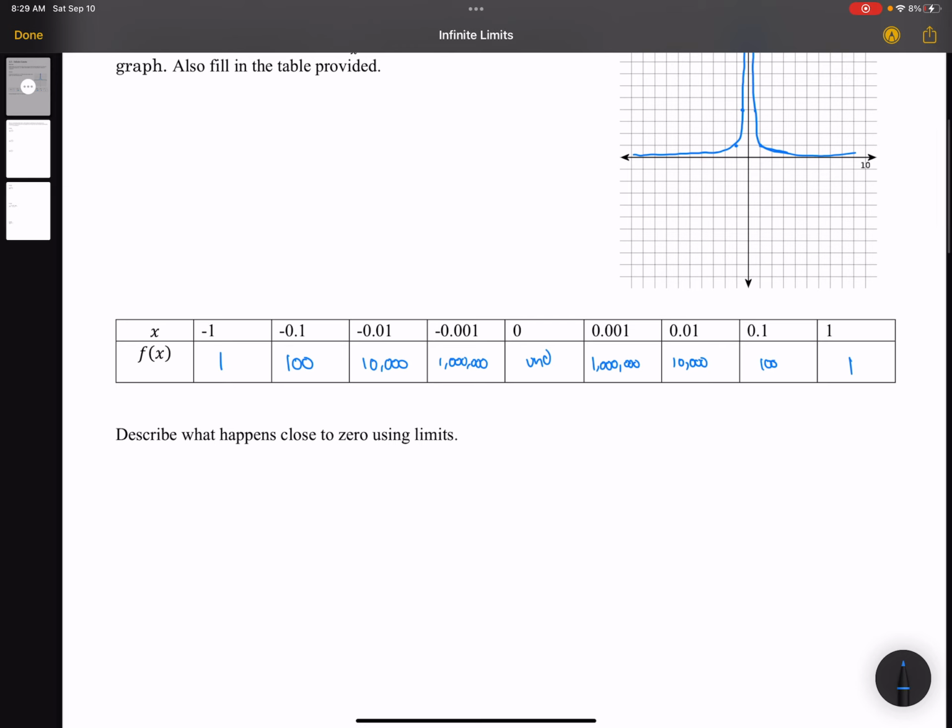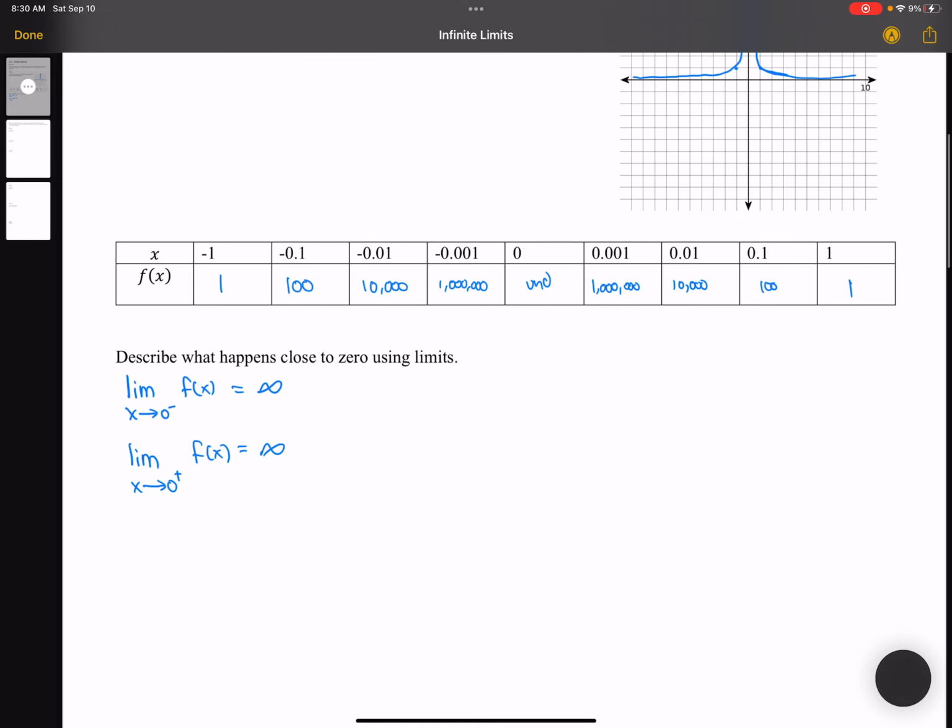So if we have to describe what happens close to 0 using limits, we would say something like the limit as x approaches 0 from the left for our function. And based on our table, we see that that limit is positive infinity. And we can also say that the limit as x approaches 0 from the right for f of x is infinity. So remember, when we define limits, we said the limit existed when the left limit and the right limit are the same value.